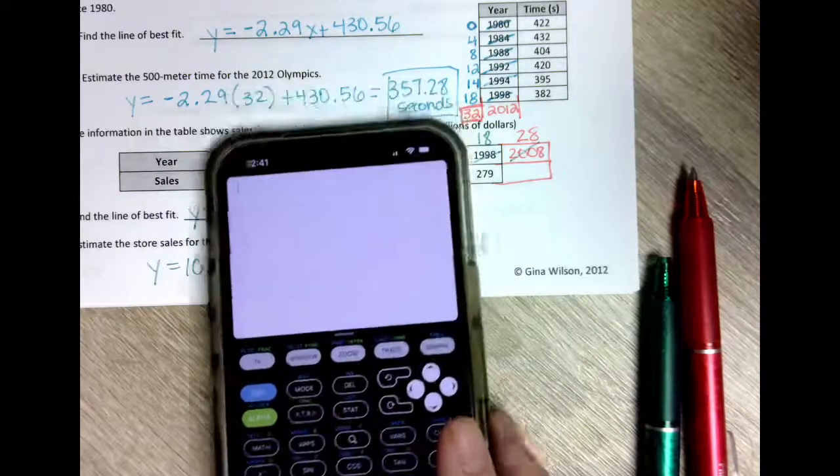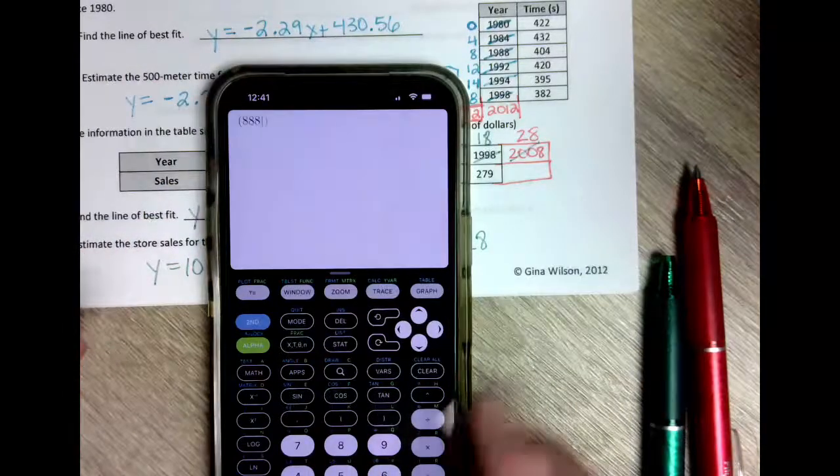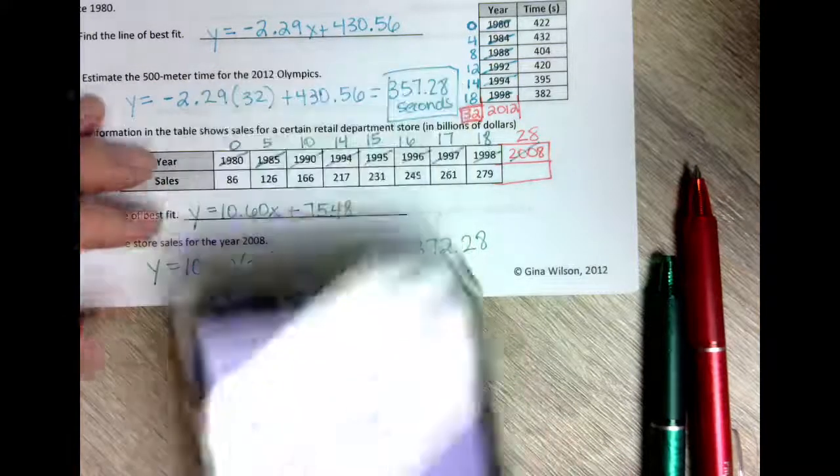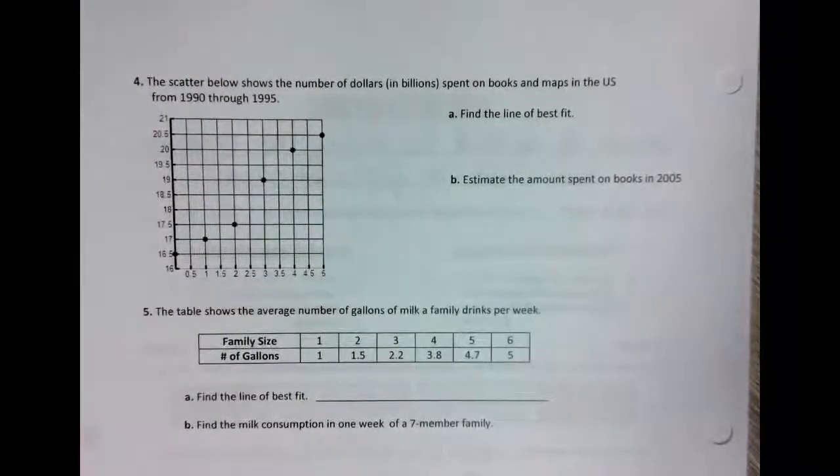Okay, so I'm going to do it now on my phone. Can you see it up there? So that we can just make sure that you know how to do it on that, and you'll be able to do it at home. If you do not have a phone or a calculator app on it, you can always use a computer and look up TI-84, and you can do the same on that, or Desmos, D-E-S-M-O-S, and it is a free graphing calculator on the computer.